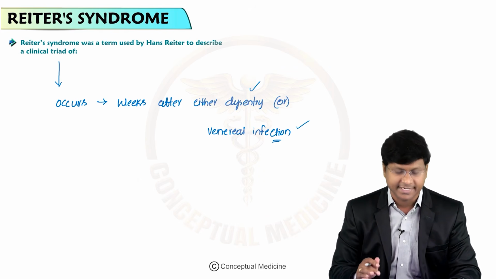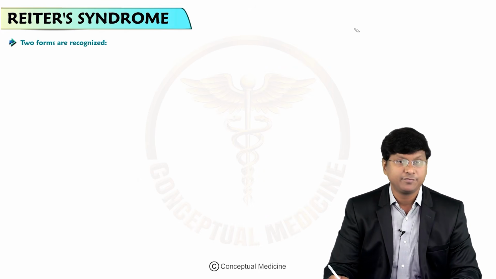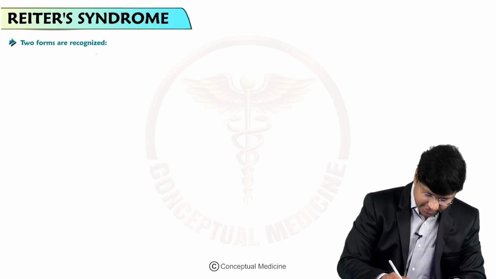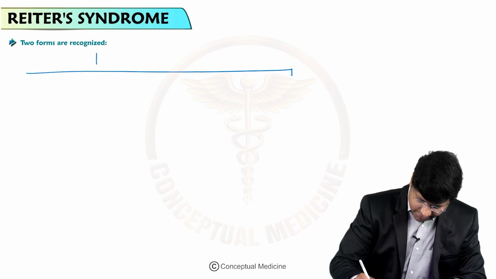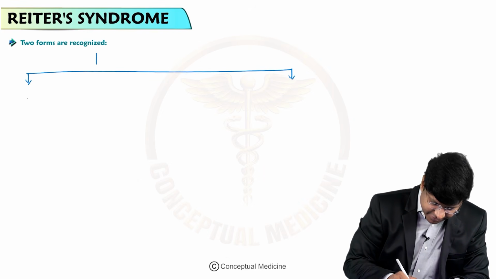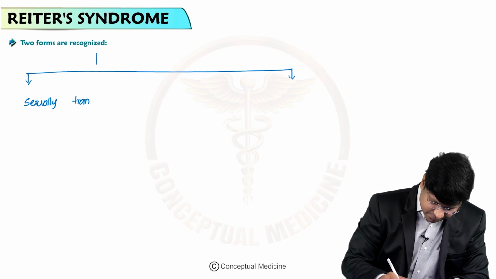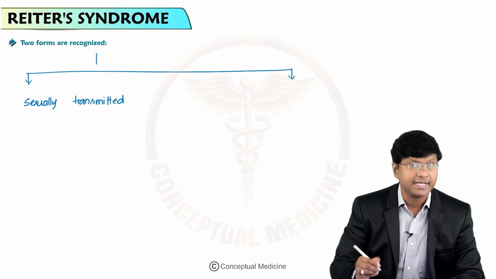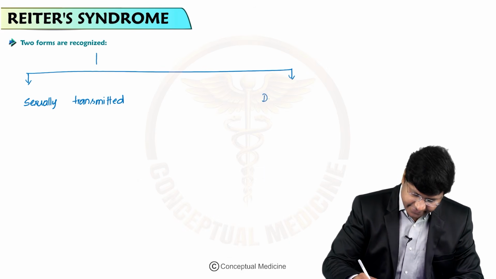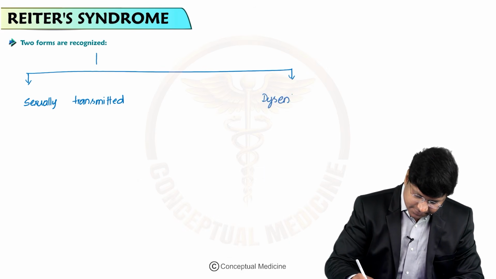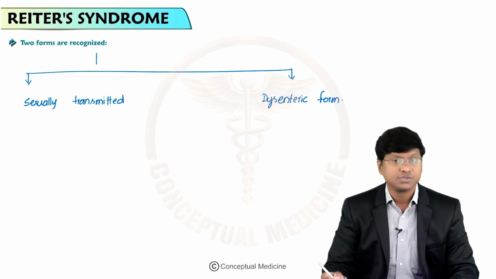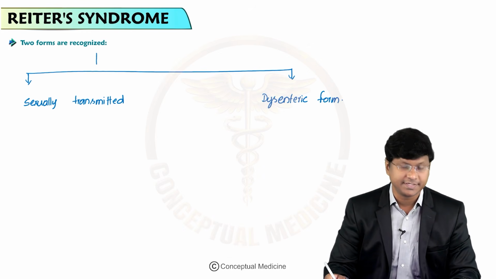One is the sexually transmitted form, and the other is the dysenteric form. So these are the two forms of Reiter syndrome.